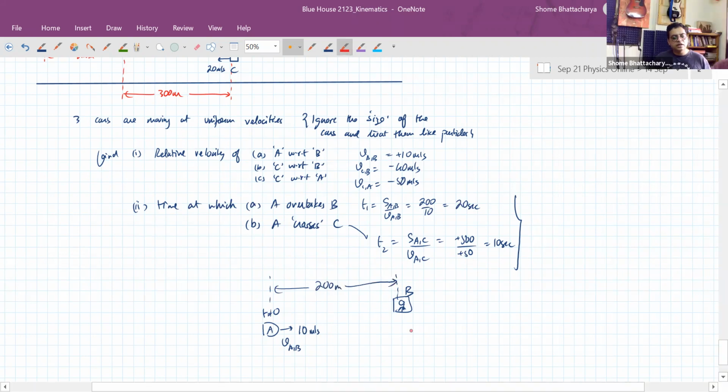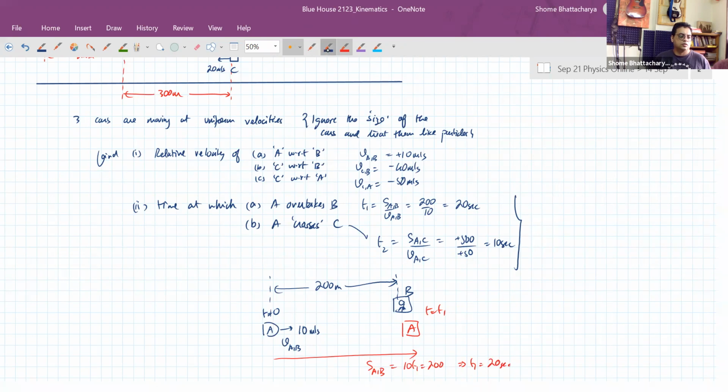Now when the overtaking happens, it is here. So this displacement, this is the easy way of understanding the second question's A part.